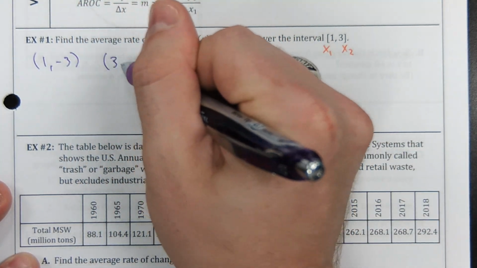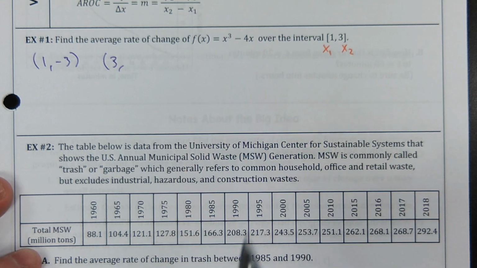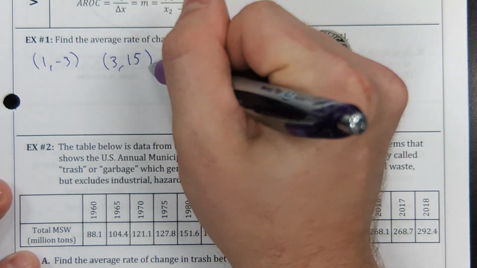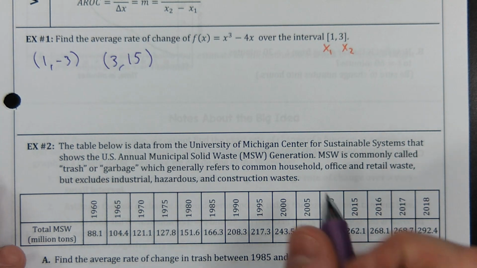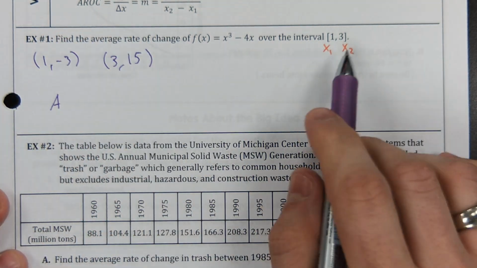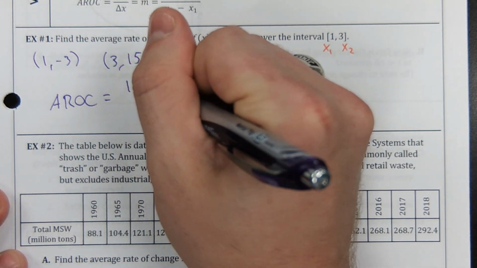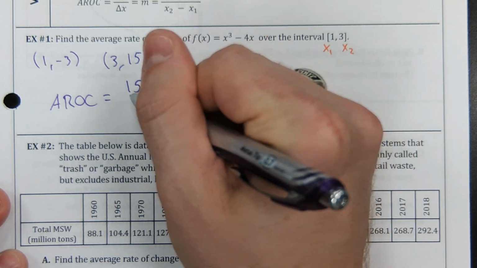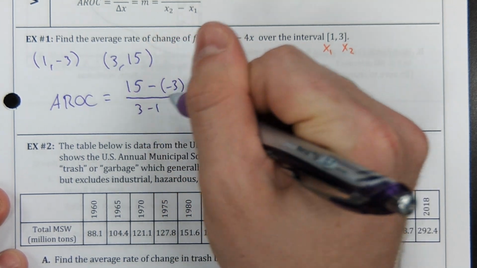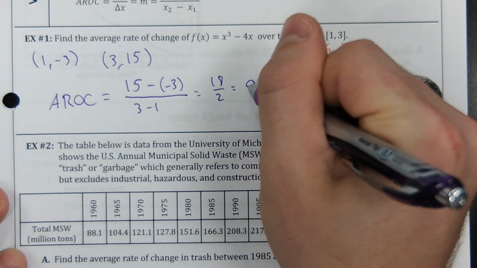And 3 comma, 3 to the third is 27, 27 minus 12 is 15. So on this cubic, the average rate of change between x equals 1 and x equals 3 is calculated by 15 minus, use parentheses please, negative 3 over 3 minus 1, 18 over 2, 9.